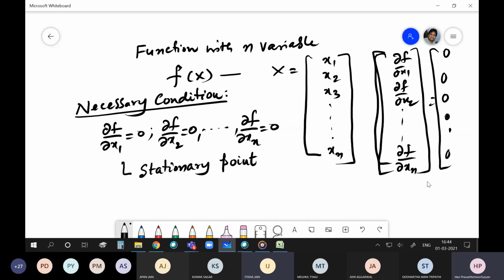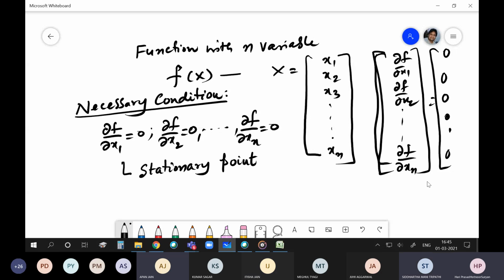The second derivative should be... Okay, so how many second derivatives will be there? It is my question. N only? N squared.